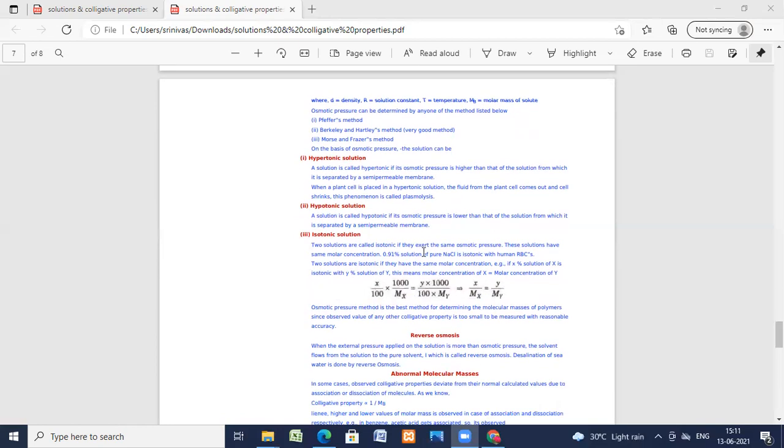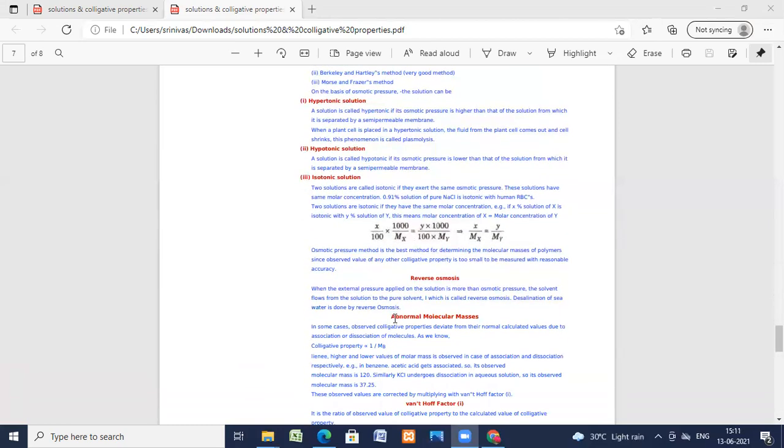Two solutions are called isotonic if they exert the same osmotic pressure. These solutions have the same molar concentration; 0.91% pure NaCl solution is isotonic with human RBC. Osmotic pressure is the best method to determine the molecular mass of polymers.